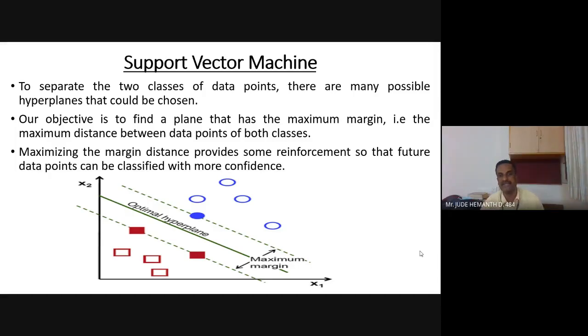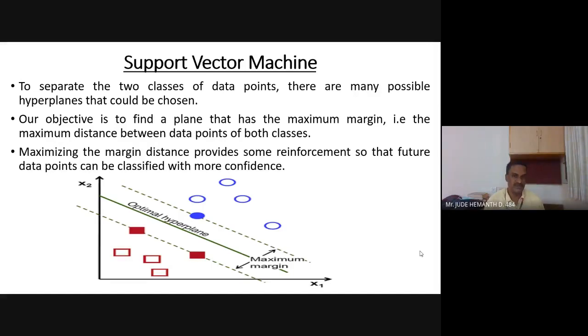So the distance between that circle, not all the other circles, you leave out all those things. That circle which is near to those specific squares, or the squares which are near to the specific circle, that distance should be as much as possible. If you consider the other circles and squares, definitely their distance is going to be far from the diagram itself.